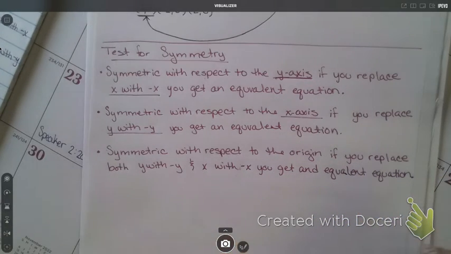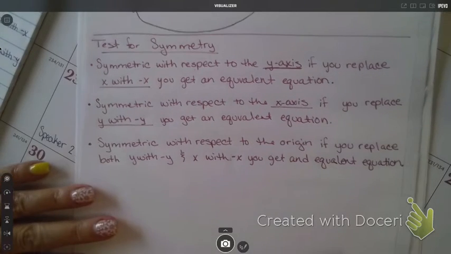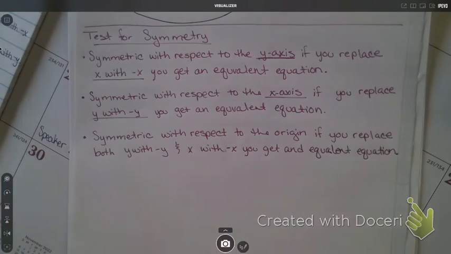So you will be checking all of them: x, y, and the origin.